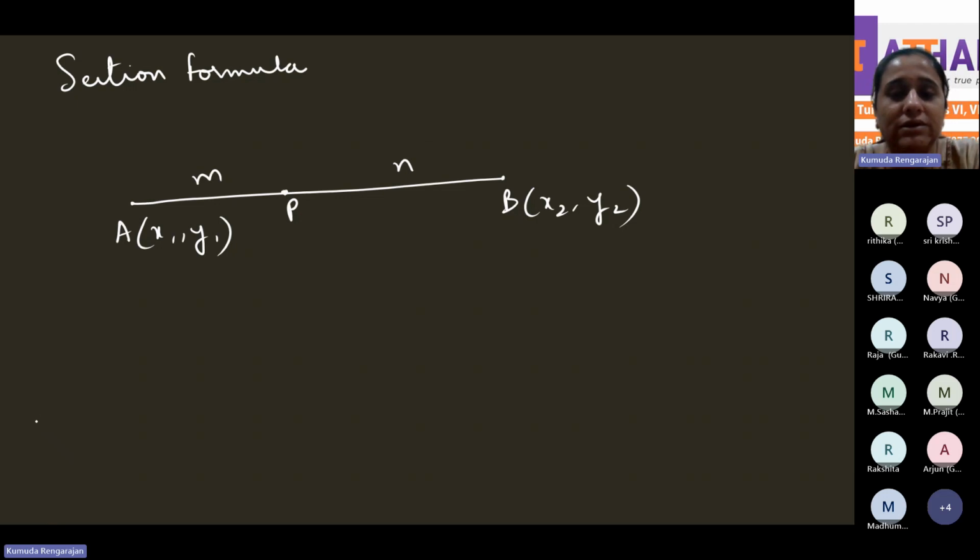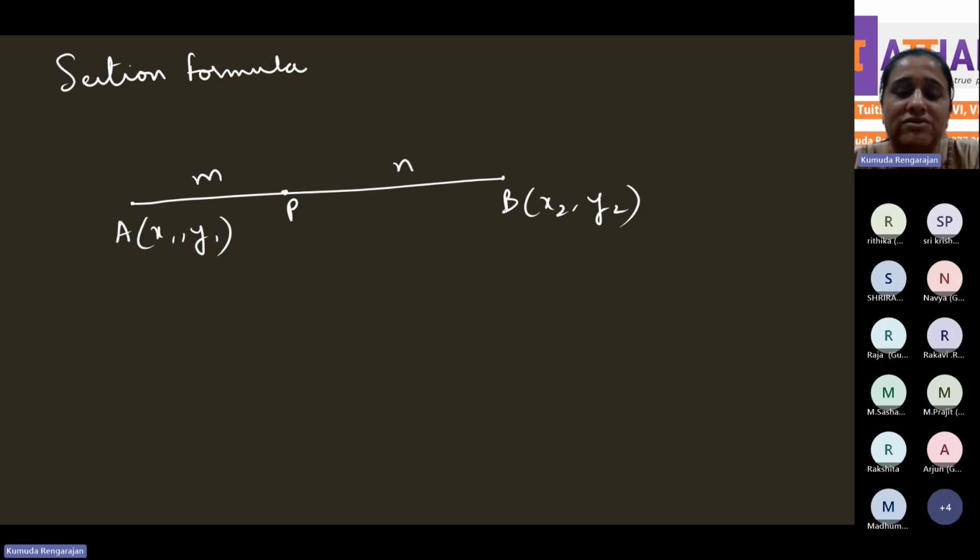So we have a line segment AB, A given by the coordinates x1, y1, and B, x2, y2. We have a point P on the line segment AB. P divides the line segment AB in the ratio m:n.